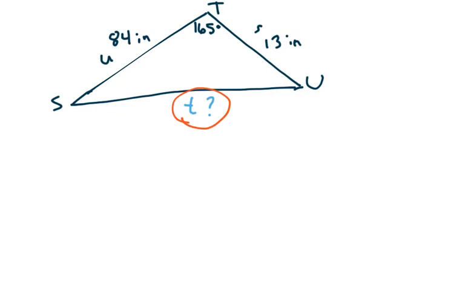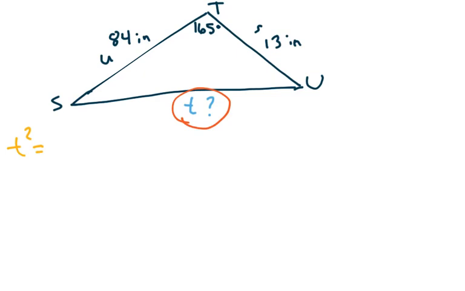So, law of cosines states that whichever thing we're focusing on, that is what we need to use out front. So we're focused on angle t and side t because we're trying to solve for t. So that's going to be t squared equals the other two side lengths squared.